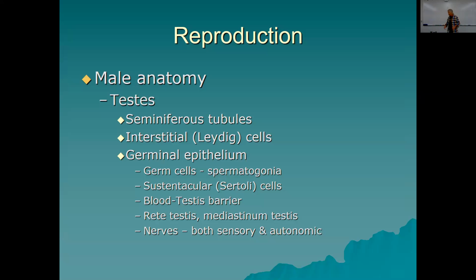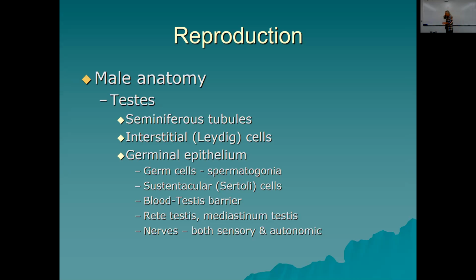There's a germinal epithelium around the outside of these tubes, and as you move in, that's where the spermatogonia are. There are sustentacular cells, also called Sertoli cells, that support and surround the spermatogonia. They're part of what's called the blood-testis barrier. You have to separate the testes from your immune system in the blood because they're different genetic combinations, and the immune system might actually attack sperm.